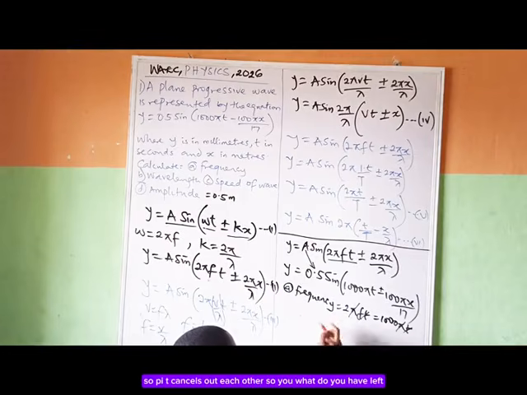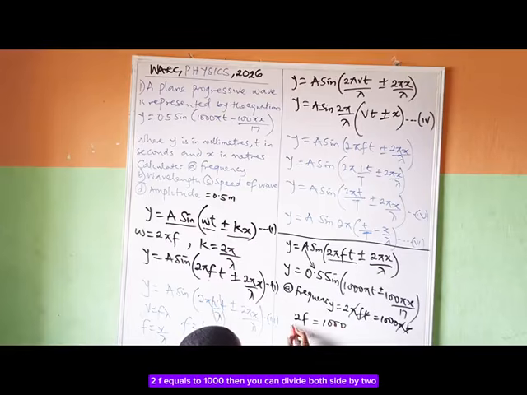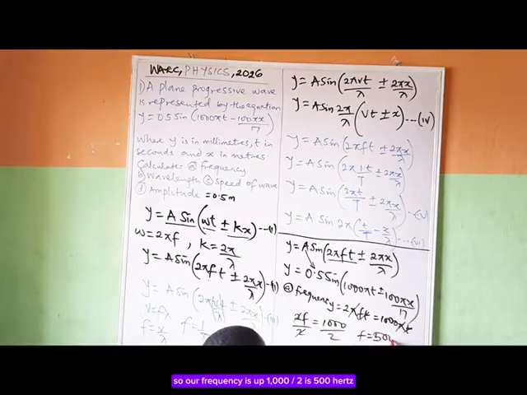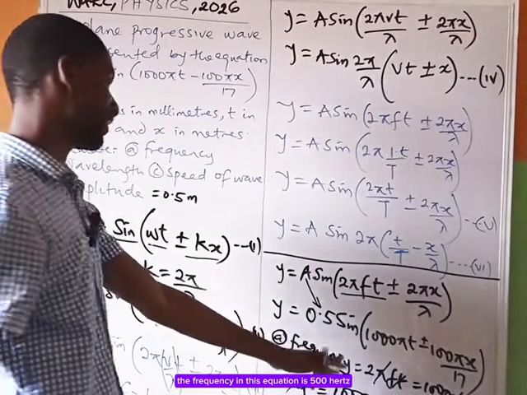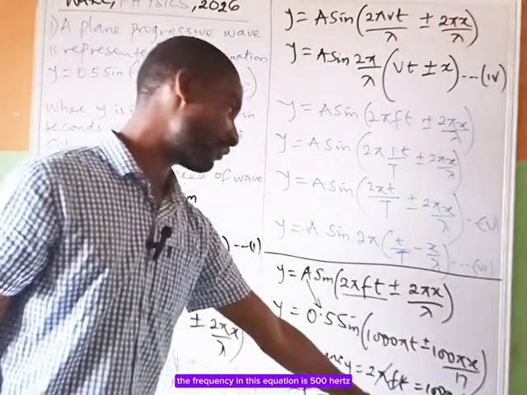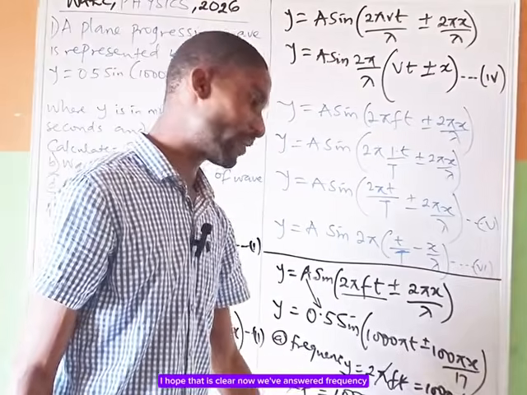What do you have left? 2f equals 1000. Divide both sides by 2, so our frequency is 1000 divided by 2, which is 500 hertz. So the answer to the frequency question is 500 hertz. I hope that is clear.